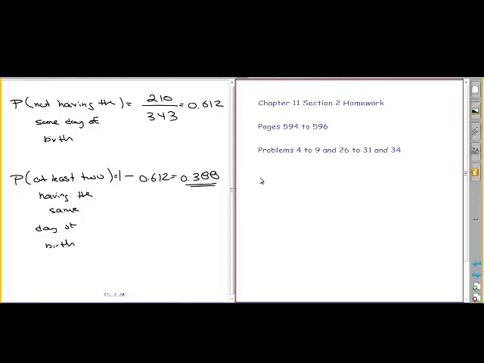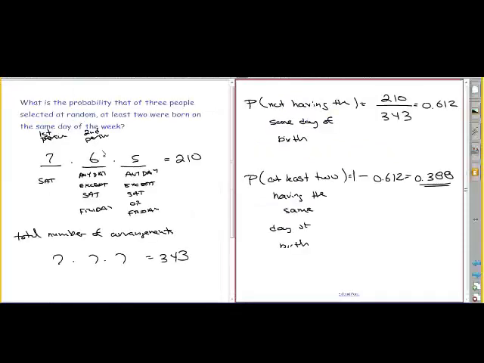So the next section is going to be about what's called conditional probability. Up to this point, for example in this particular example, the number of choices that I had, both in the denominator and the numerator, was independent of what choice I made before.